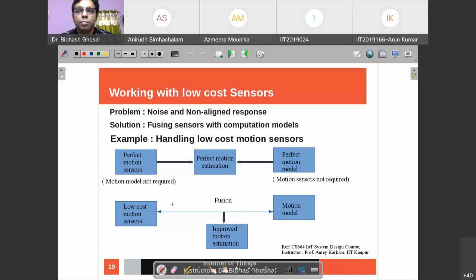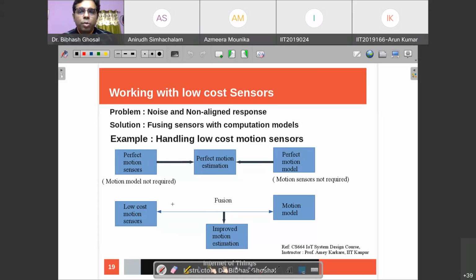These imperfections or errors are more severe if you take low cost sensors, because these sensors are designed using fabrication technology and processes which do not care about accuracy too much. So there is a chance that the value can be, I would not say erroneous, but kind of deviated from the actual value.